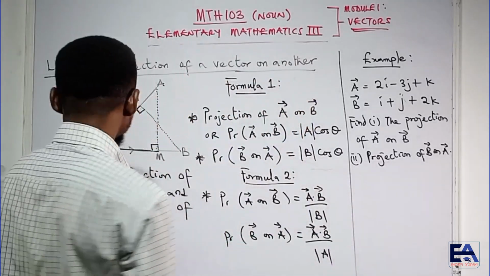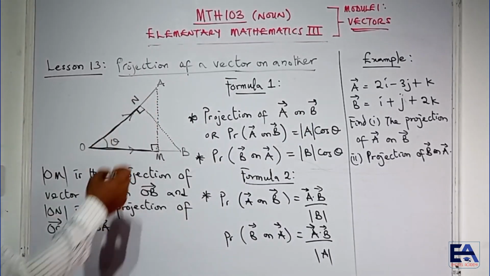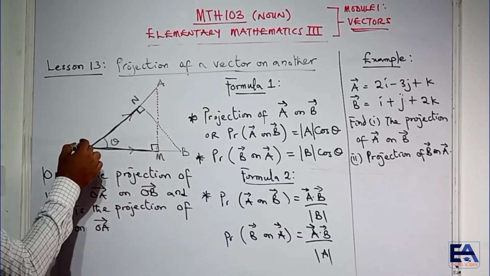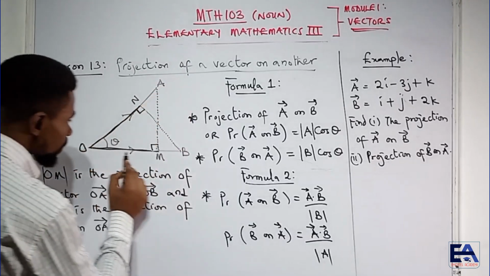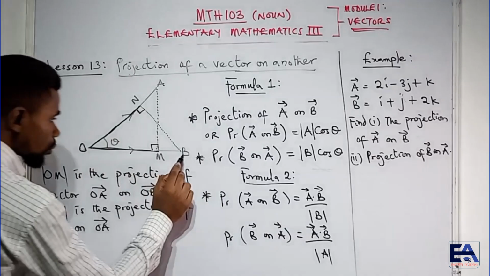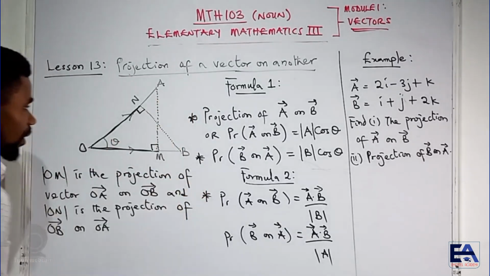Follow me. All right, so let's assume that we have two vectors. This is a point, a fixed point, all right? So this is one vector, this is another vector from O to B. Then O to A, one vector, O to B, another vector.